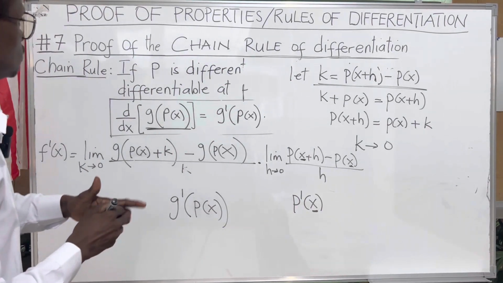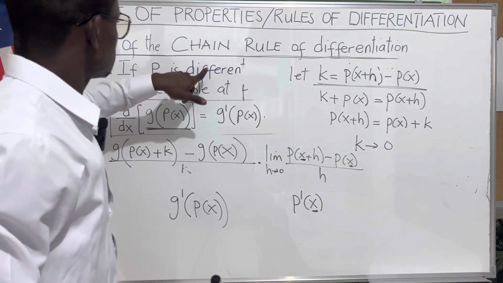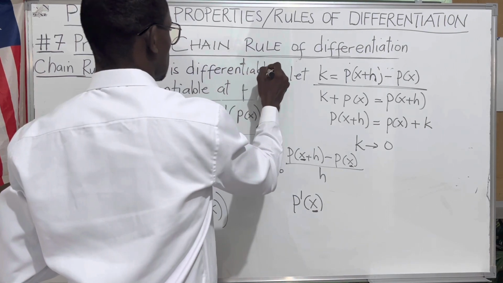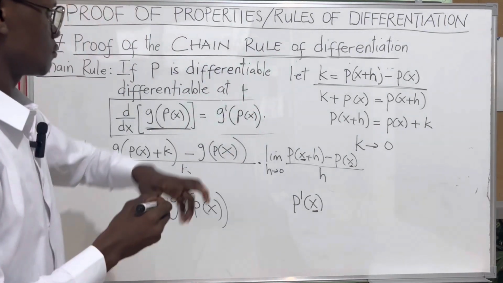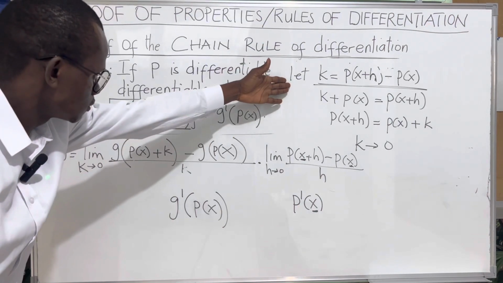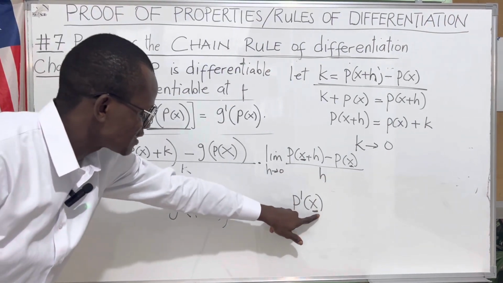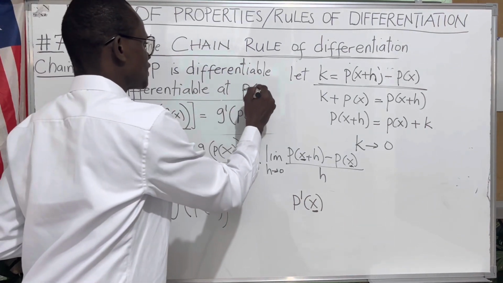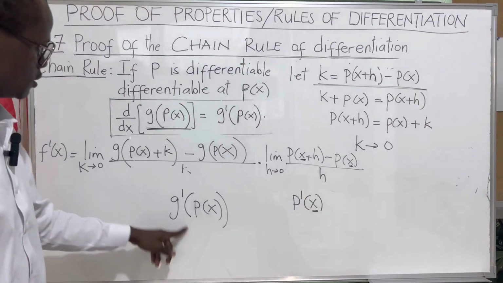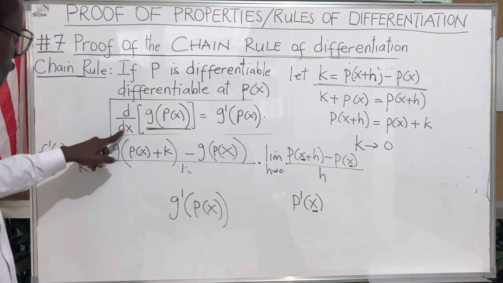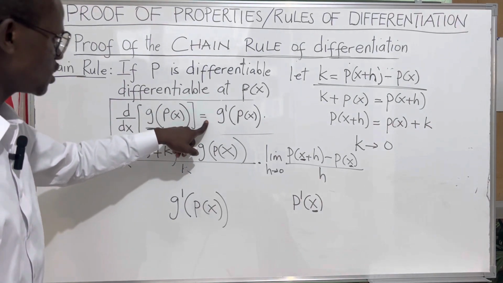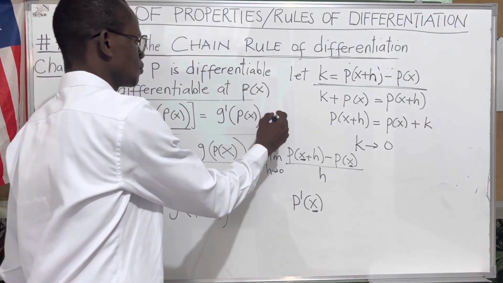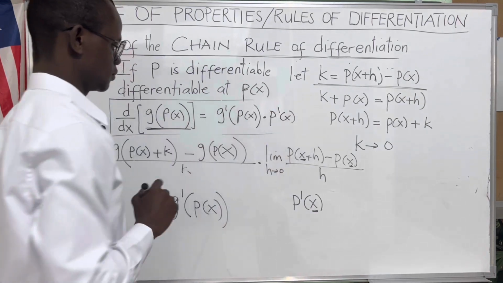Remember we told you, if p is differentiable at x, and g is differentiable at p of x, then the derivative of g of p of x would just be equal to g prime of p of x times p prime of x.